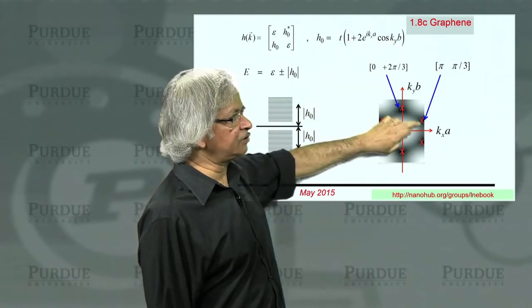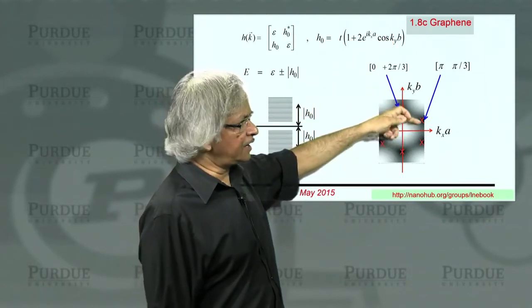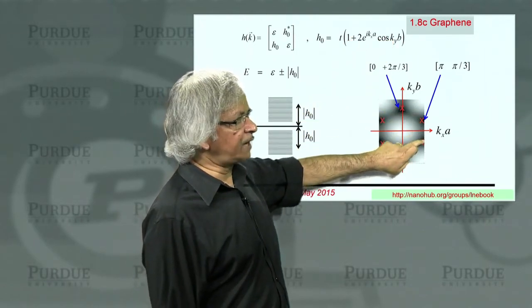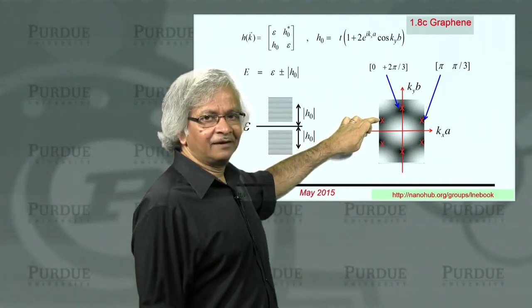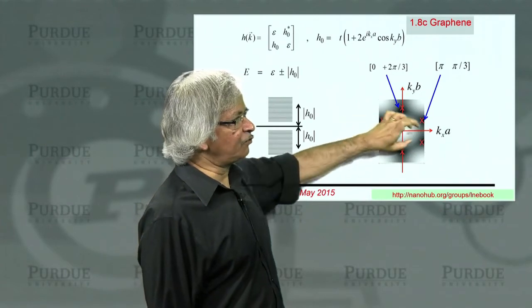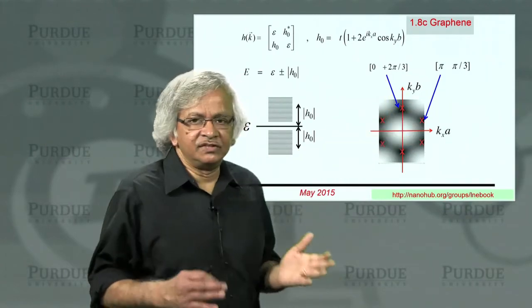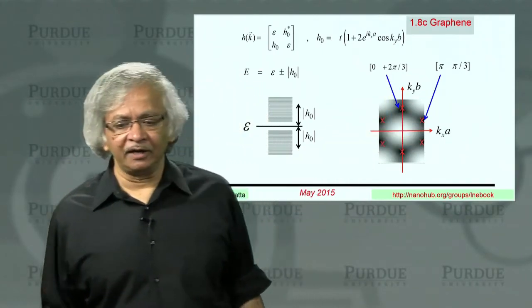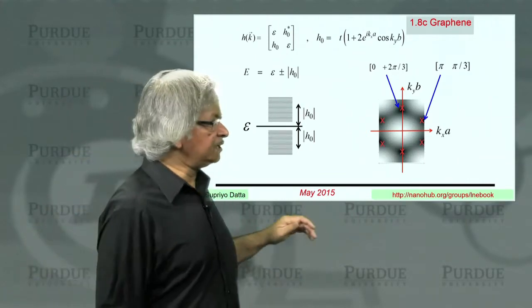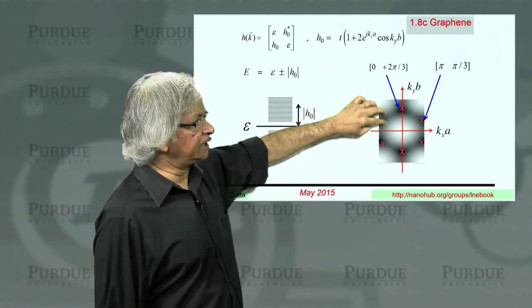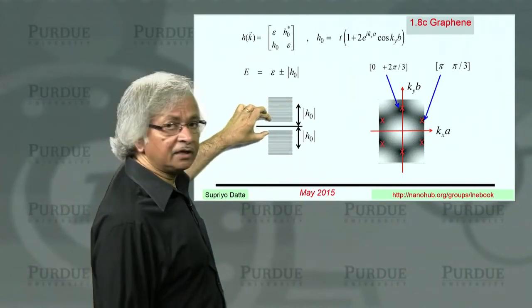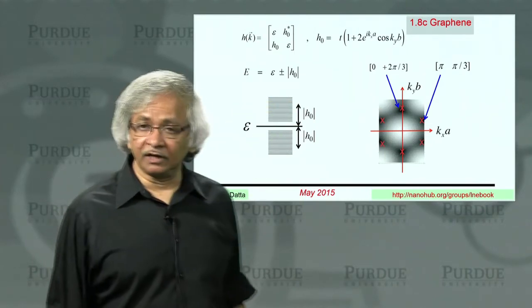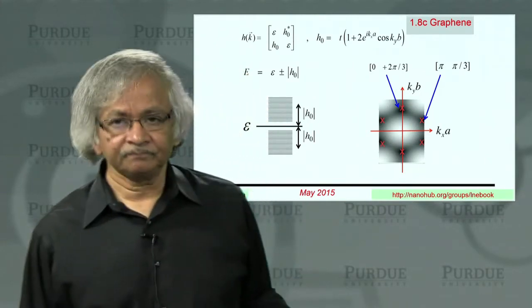That again cancels out, and that's how you get a 0. And you'd get a 0 if it was pi and minus pi over 3, or minus pi and pi over 3, and so you have these 4 points. Those are the zeros, the values of k where H0 goes to 0, which means around there, the energy eigenvalues would contribute right around here, and they are the important ones as far as current flow goes.